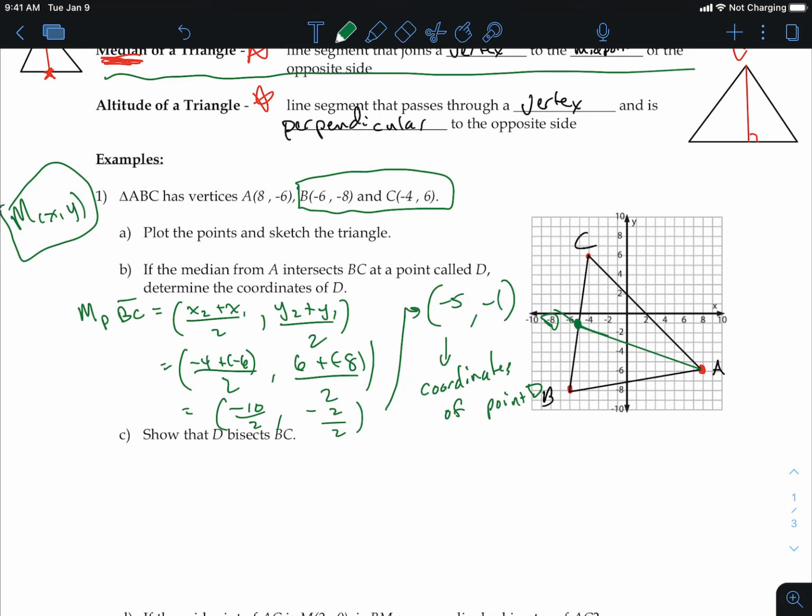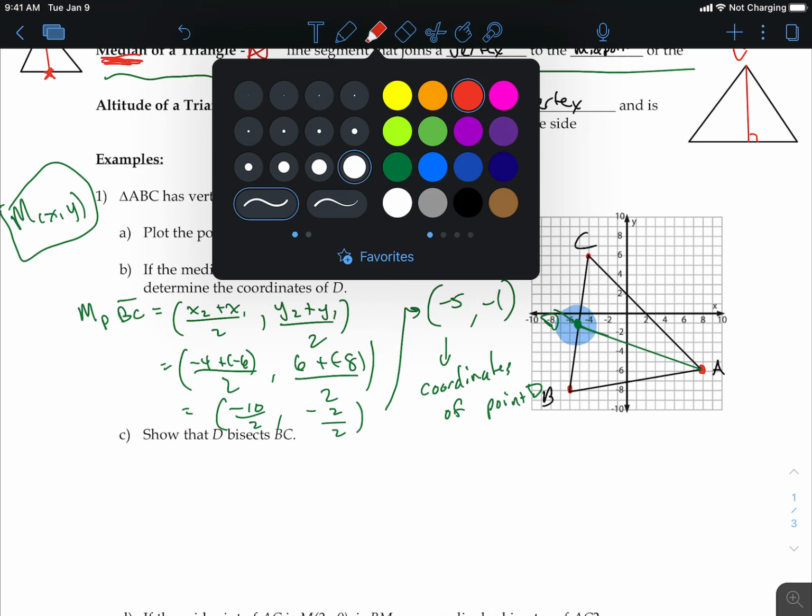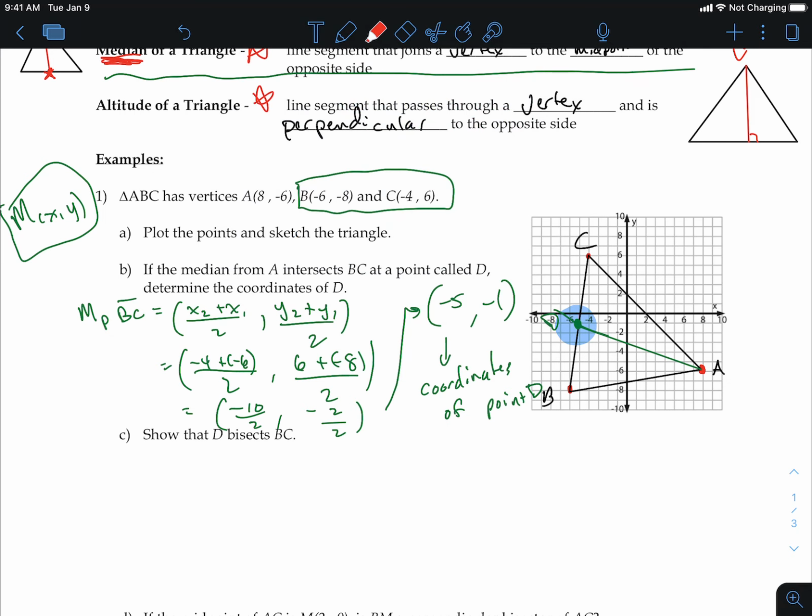Let me reword that. If point D truly intersects there, then I should be able to show that this length here is equal to this length, because it went through the midpoint. So it better have broken that line in half. To check, you make sure that this length is equal to this length. Is that okay?